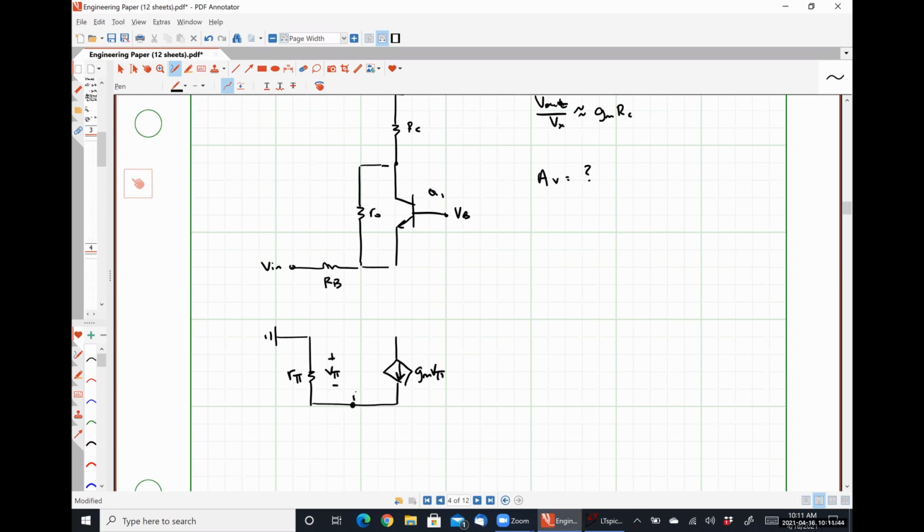This is my emitter base. So over here is my collector. My collector sees that resistance RC between the collector and ground. I'm also going to see a resistance R0B between the collector and ground. And here is my output.